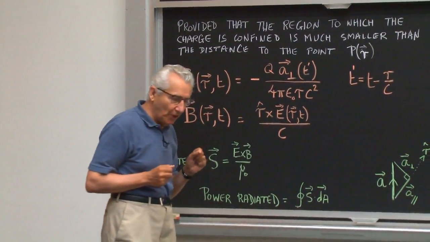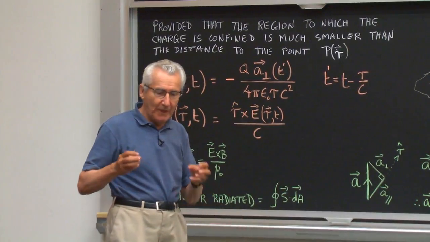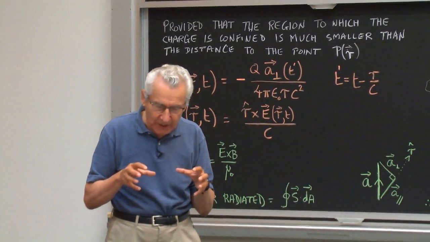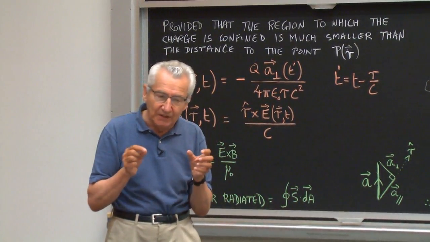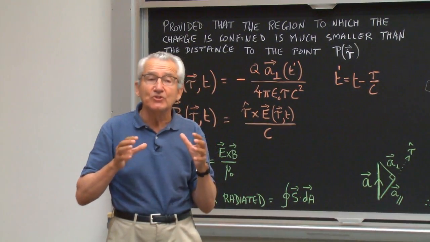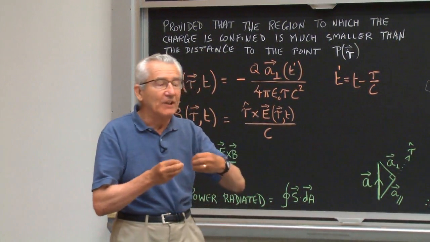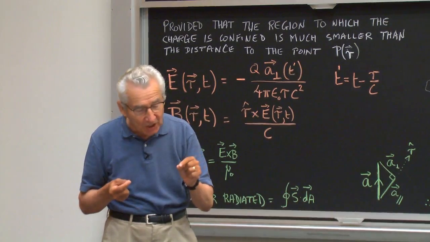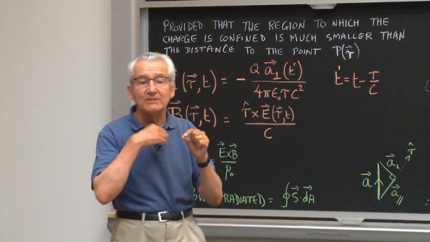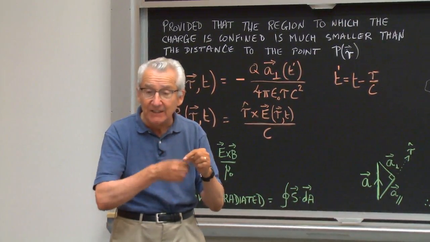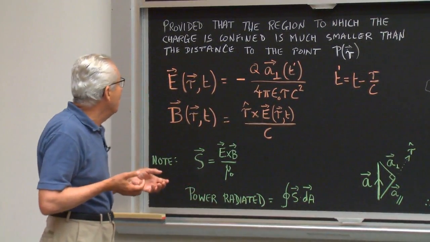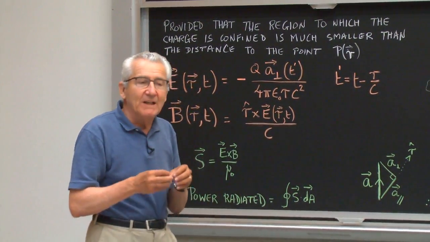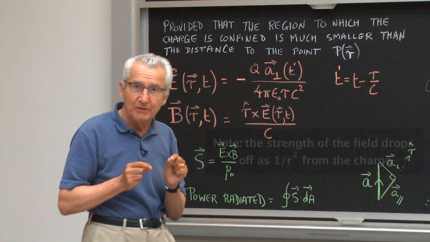And the reason for it is the following. In this case, the hard part is calculating the fields relatively near the charge, because there you have a superposition of this static field, for example, the Coulomb field. If a charge is moving, it's like a little current, and so it produces a magnetic field through the Biot-Savart law, etc. But these fields drop off like 1 over r squared from the charge.